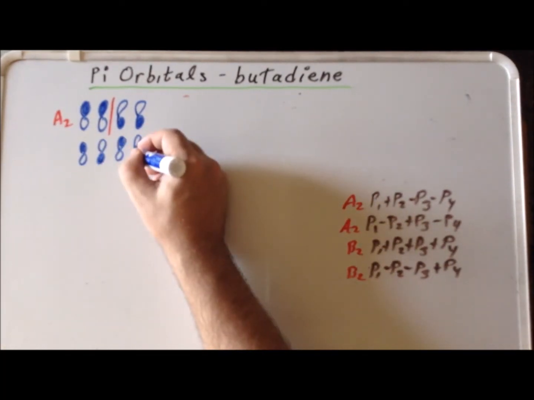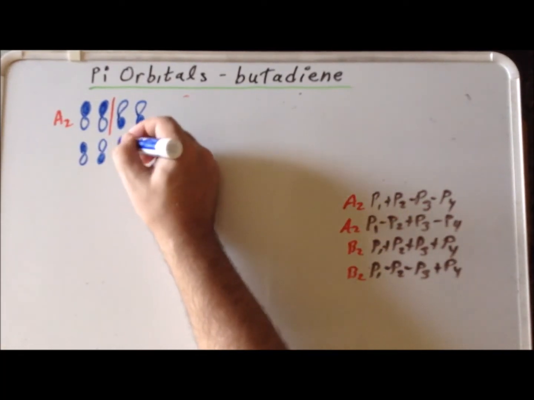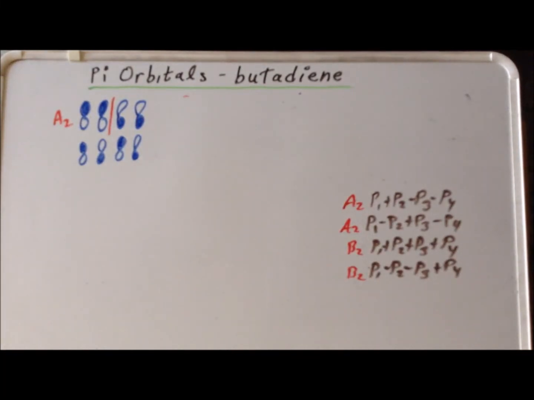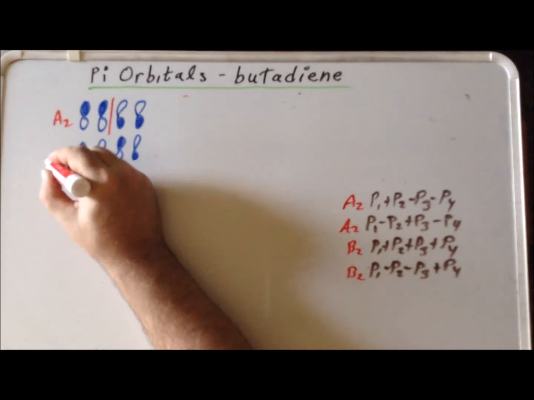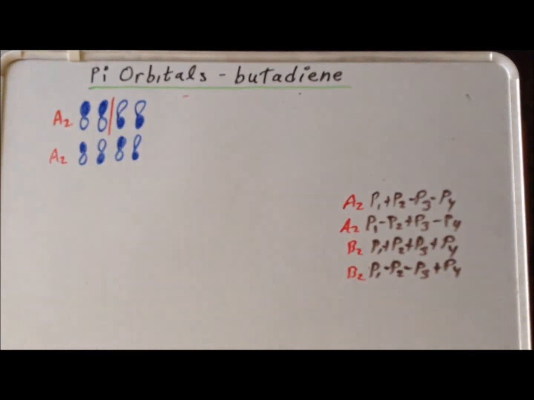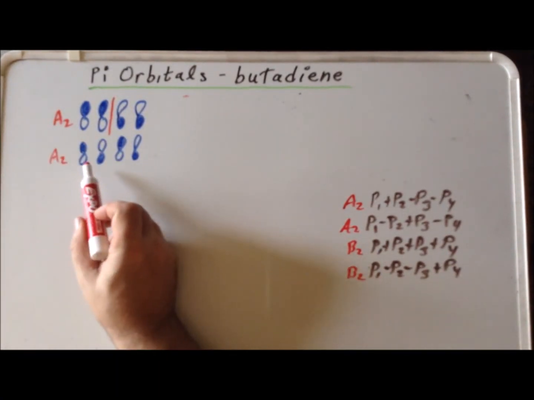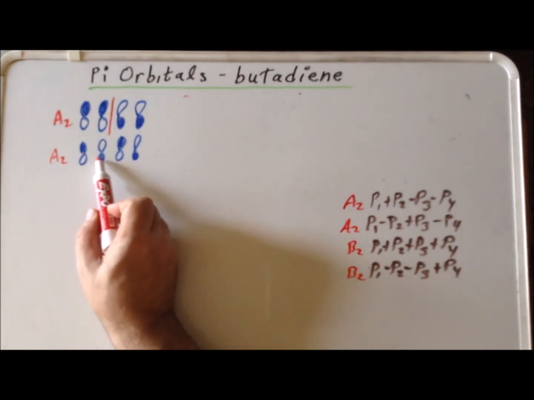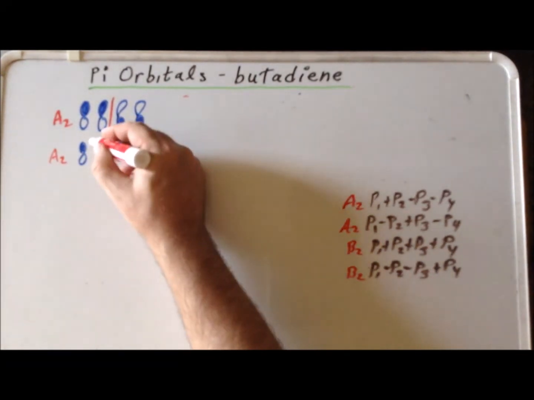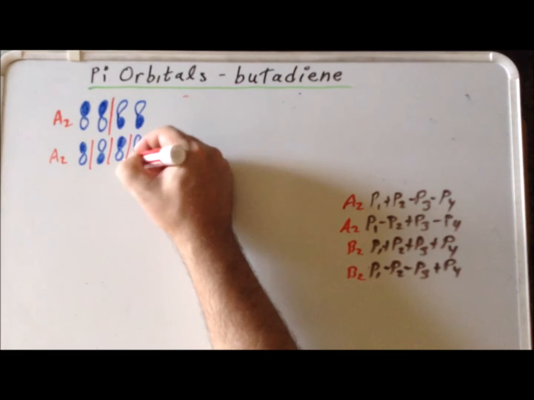That means they must have the positive phase on the bottom. So this is a nice, quick way to represent the second A2 orbital. And the thing to notice here is that we have a series of events where we go from a positive, negative, positive, negative. So this has 3 nodes.